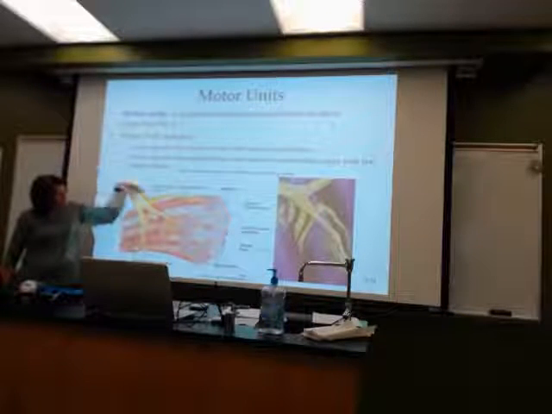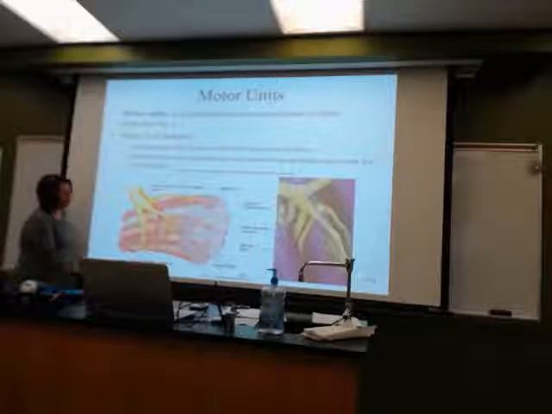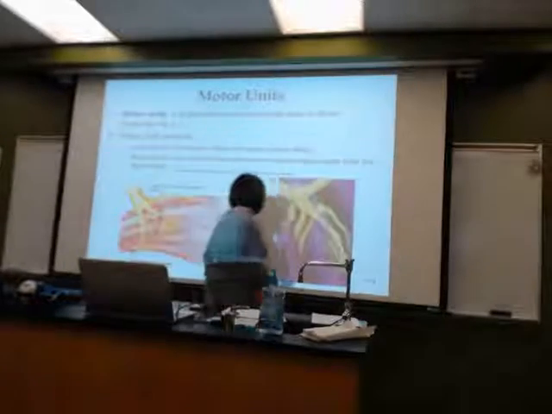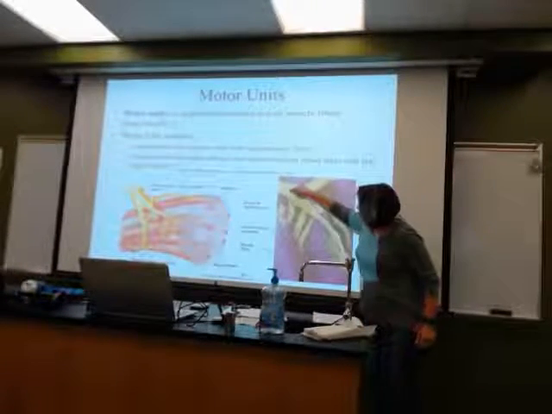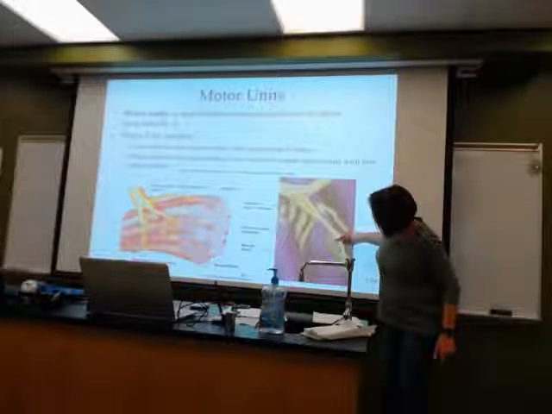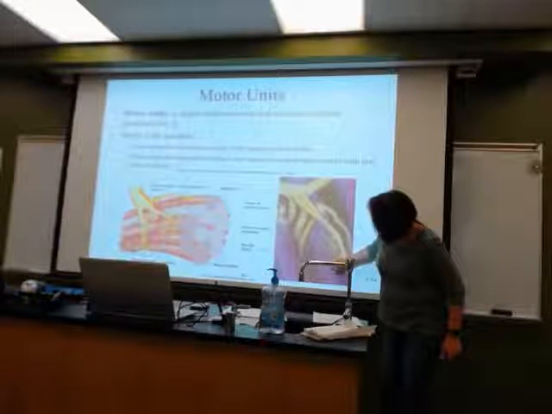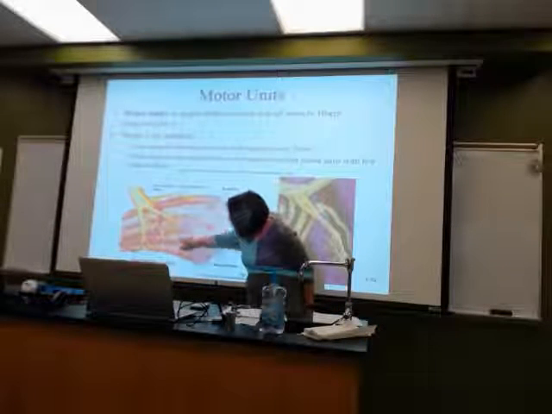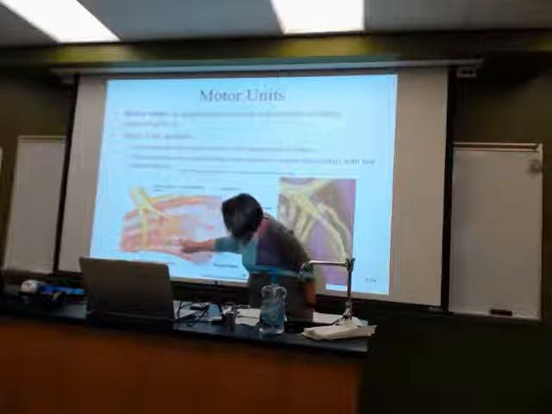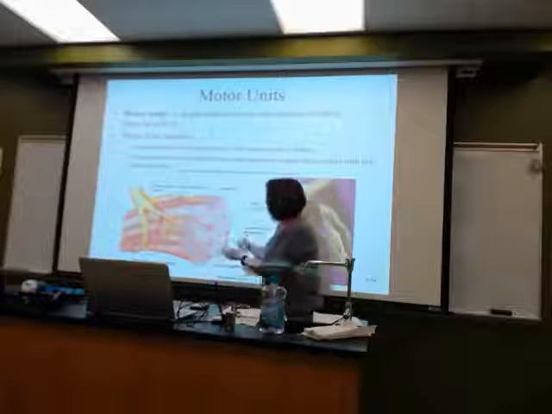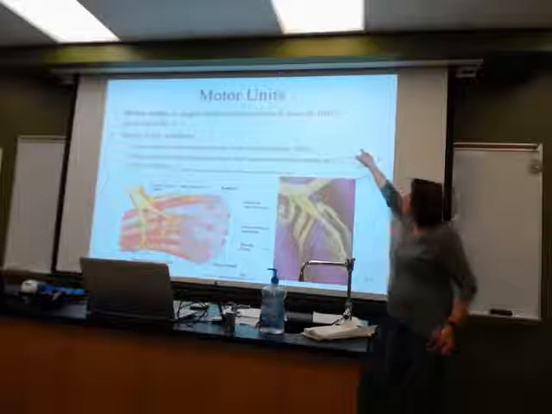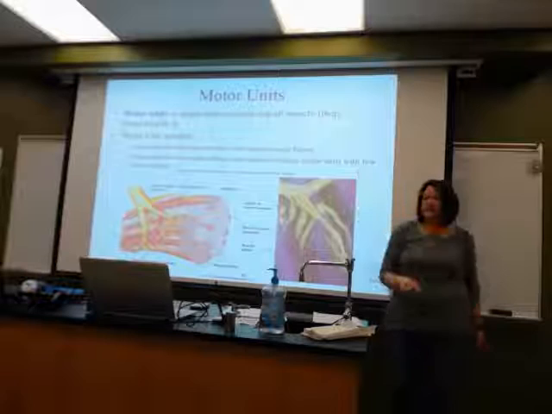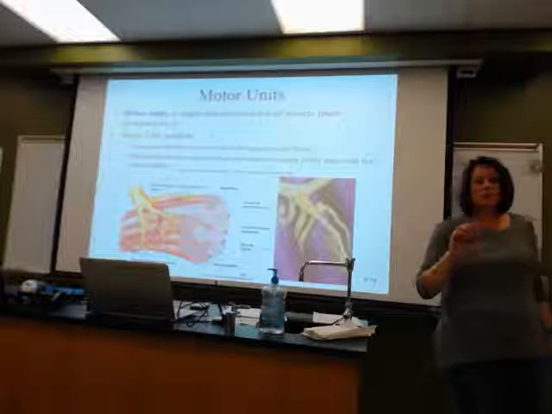When we've got that taking place and we begin to look at the branching meeting every little single fiber, where we get that nerve meeting a fiber, the point where they're going to meet, we call it a motor unit.